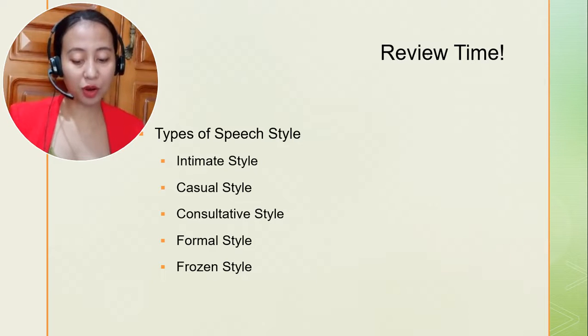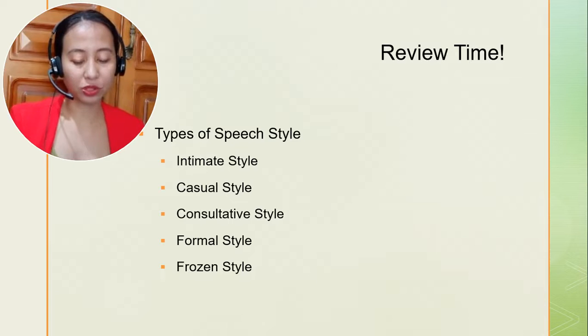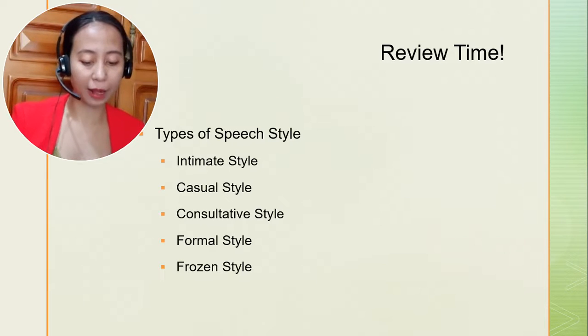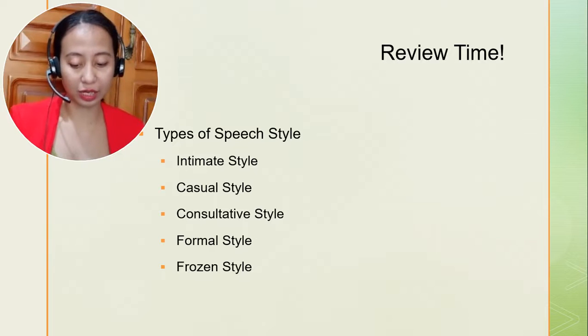Next is formal style. When we say formal style, there is least amount of shared background, right? And the communication style is largely one way with little or no feedback from the audience, like seminars, symposia, where there is a speaker in front of an audience.